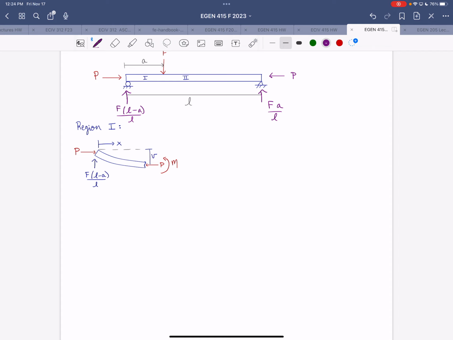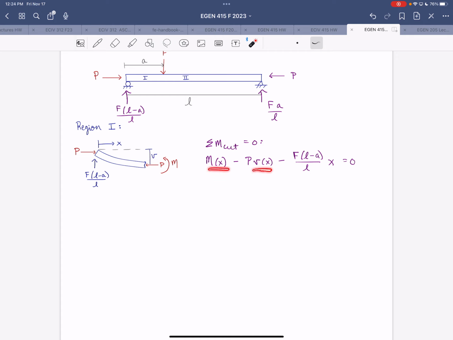So we'll sum moments about the cut, and we're after the internal moment. We get M of x minus the applied axial load P times the deflection v, which is also a function of x, minus F times (L minus a) over L times x, equal to 0.